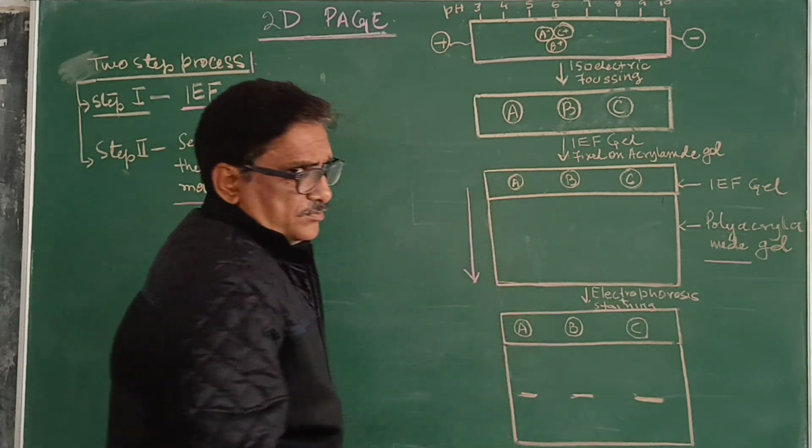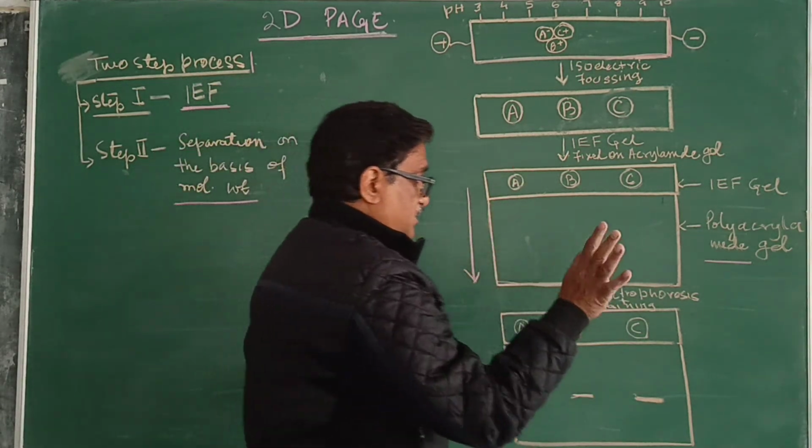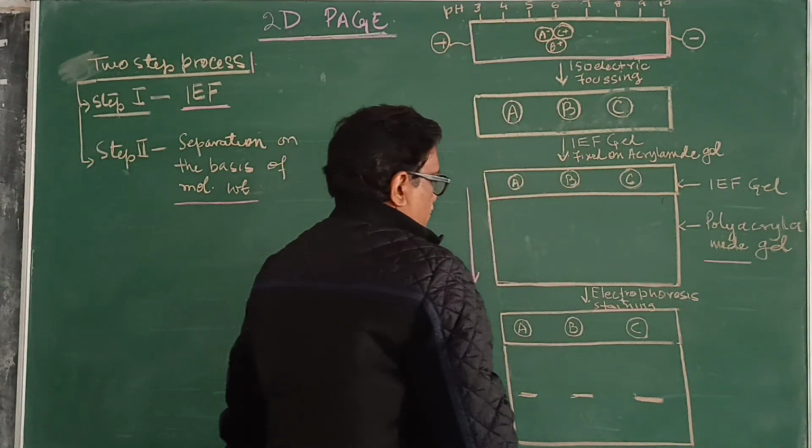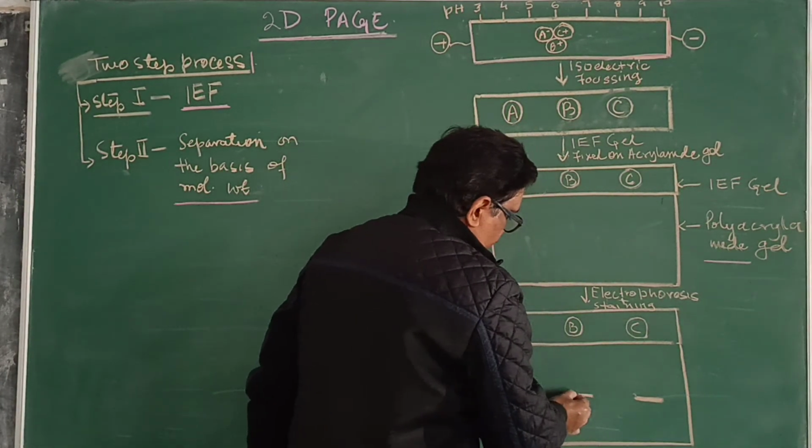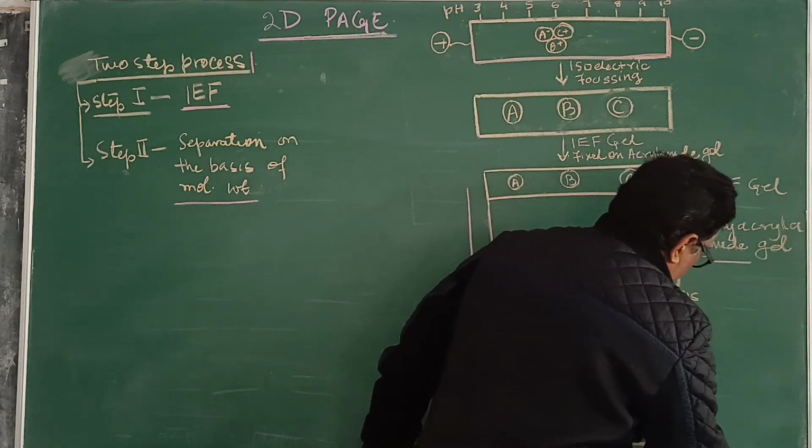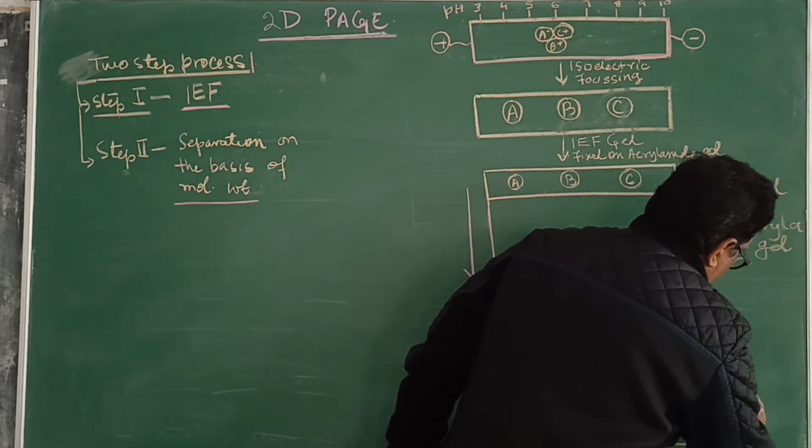We have already discussed the staining and all those things. So after staining, we will get the bands of protein. These are the bands of protein.